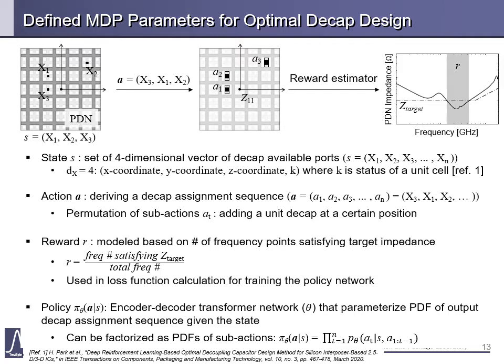Reward is modeled as the number of frequency points satisfying the target impedance divided by the number of total frequency points, and the reward is used in the loss function calculation for training the policy network. Policy pi is the encoder-decoder transformer network that parameterizes the PDF of the decap assignment sequence given the state. Hence, it can be factorized as the PDFs of sub-actions.